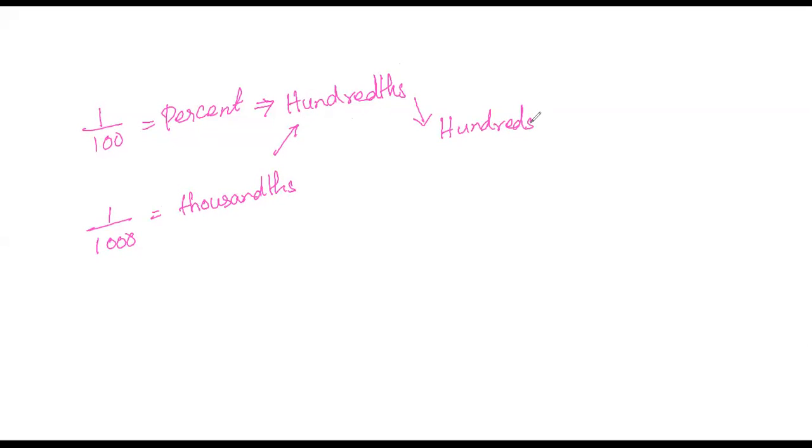See, hundreds is nothing but hundreds. Hundredth, T-H, means it is 1 by 100. So for example, tens means it's tens. Tenth is nothing but 1 by 10. And I hope I answered your question. 1 by 1000 is nothing but thousandth.